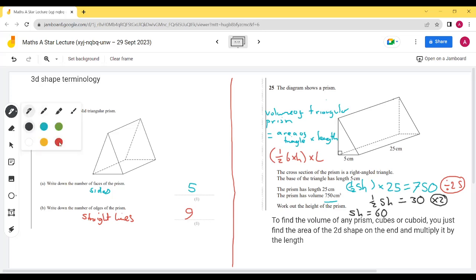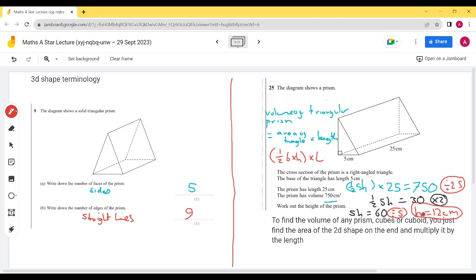And then our final thing, we've got 5h, or 5 times h, so the opposite of that is divide by 5. And so that's just going to leave us with a final answer of h equals 12 centimetres. And that's our final answer.